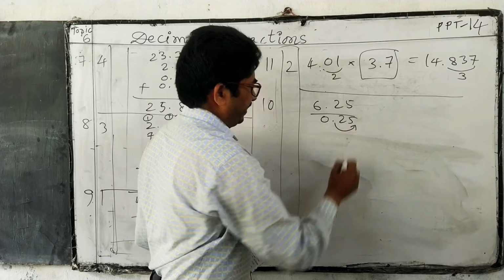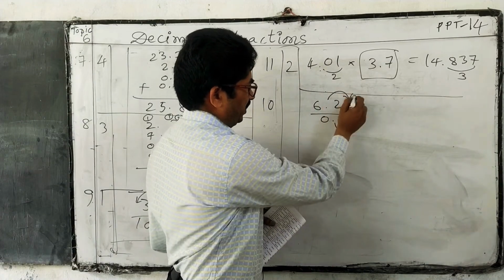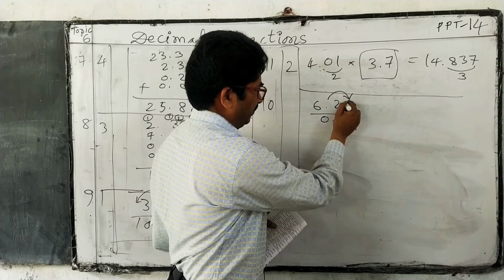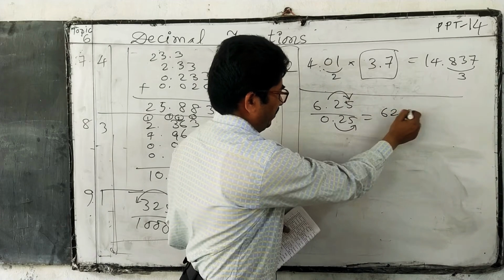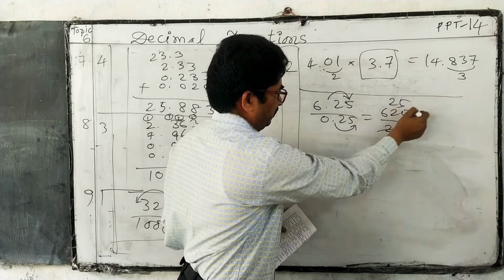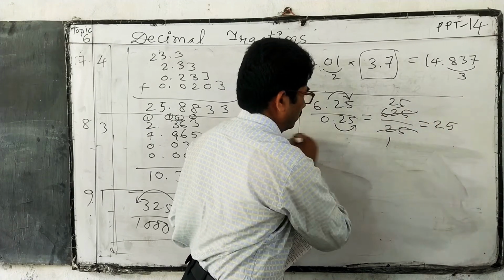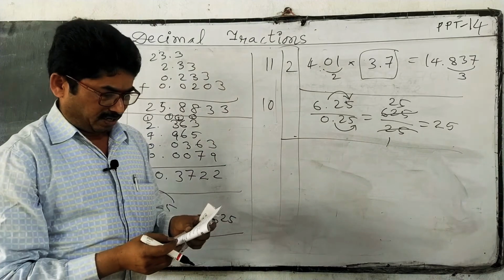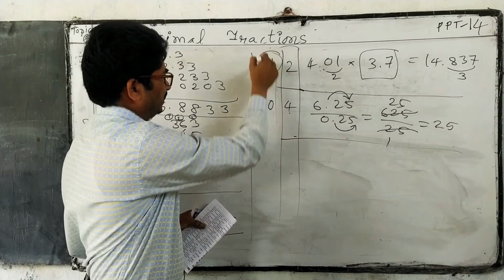To divide a decimal number, we make it a whole number, so we shift 2 decimal places in the numerator also. 625 by 25, so 25 is the answer. So the correct option is 4.